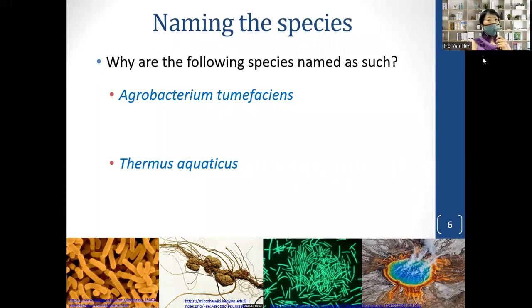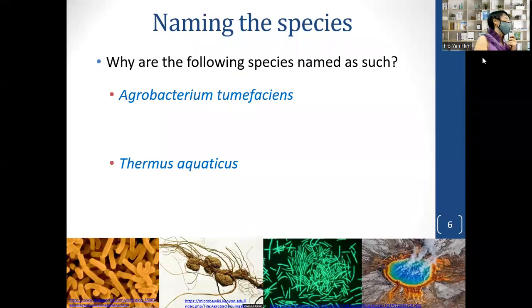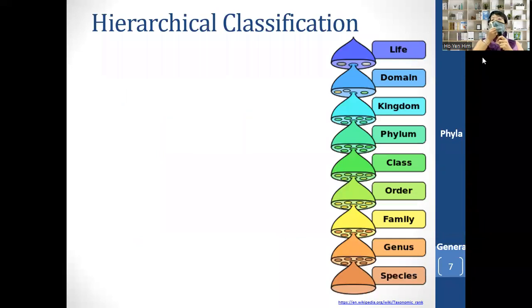Then this long rod-shaped bacteria is the Thermus aquaticus. They can be found in the hot spring. So that's how we name the organism based on their special characteristic. So we're going to look at the hierarchical classification of all the organisms on Earth.